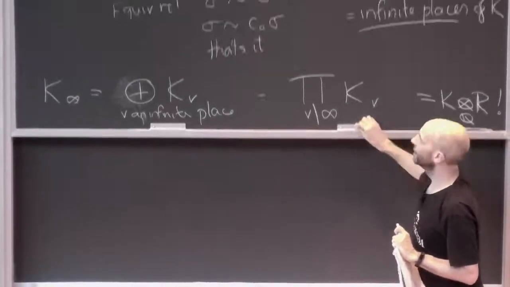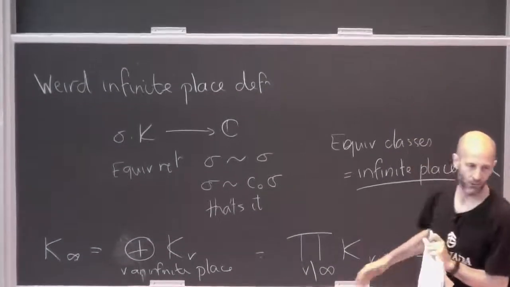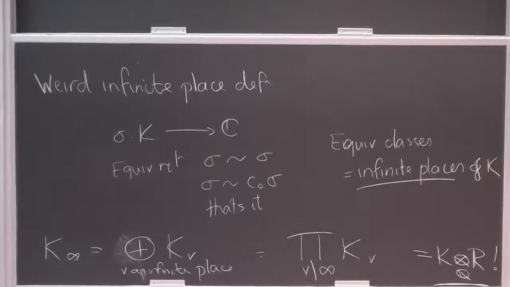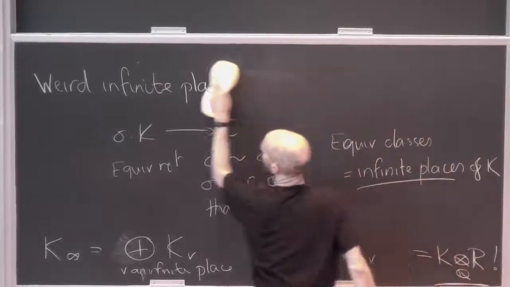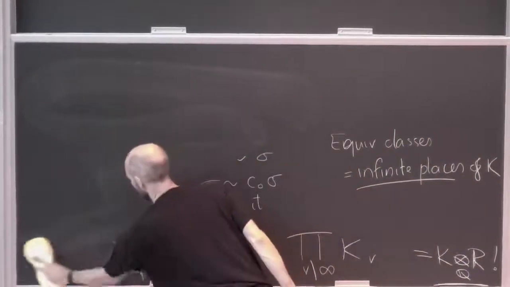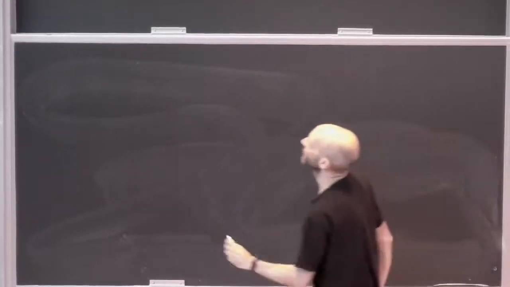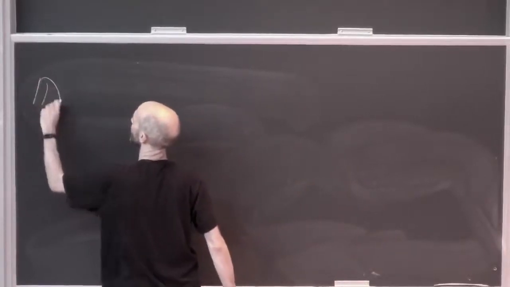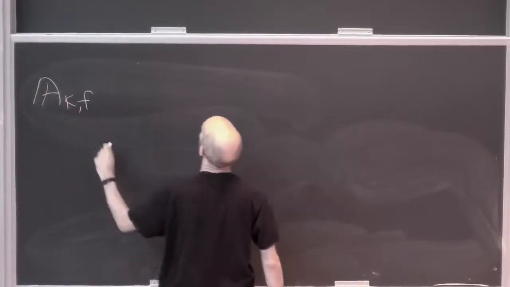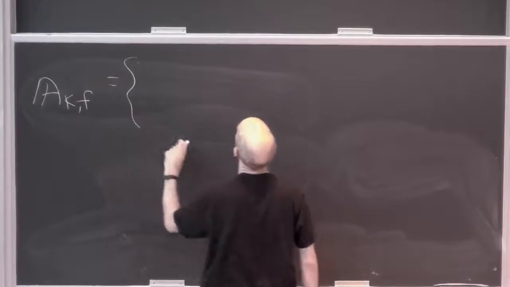Let me show you another way that you can write that, which will confuse things a little. If I try to introduce notation for the bad set of finite primes, then there's potential confusion, so let me just do it right now, once and for all, to dispel any confusion.